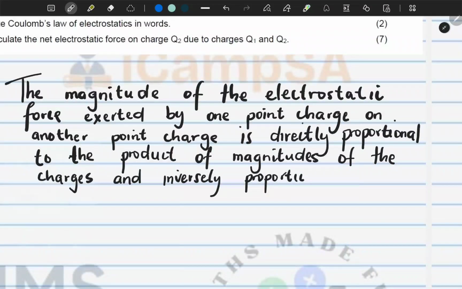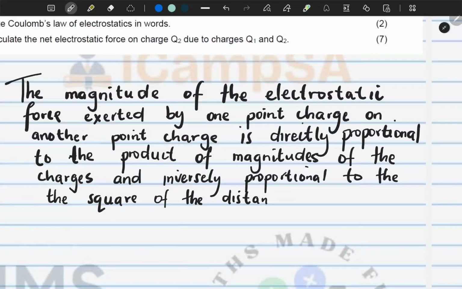That's what we say: to the square of the distance between them. Some people prefer writing symbols, like r for the square of the distance between them. It's up to you. You don't have to.